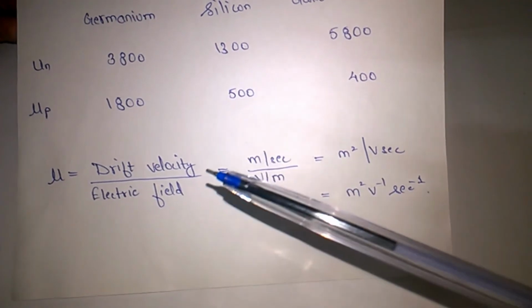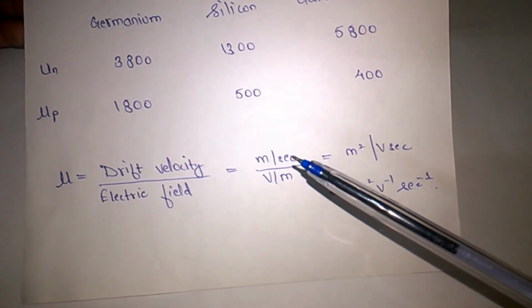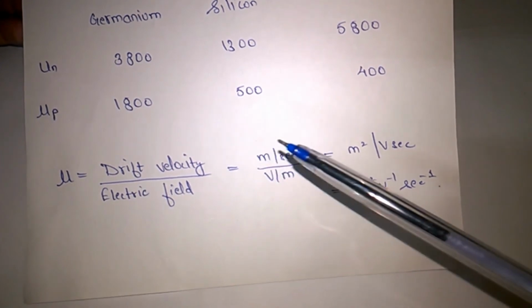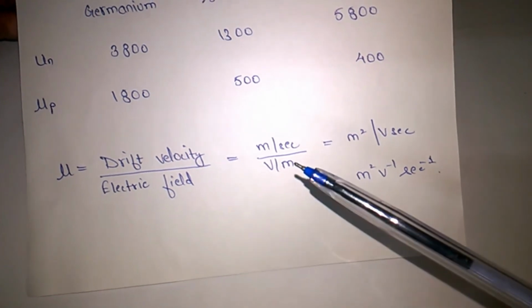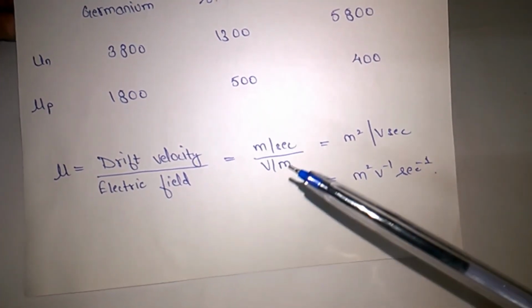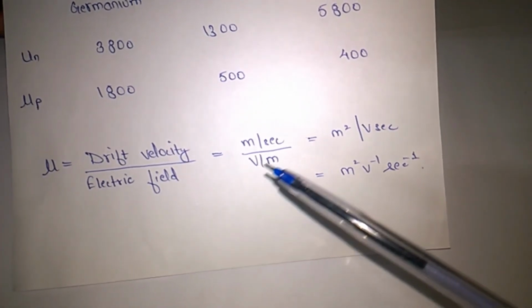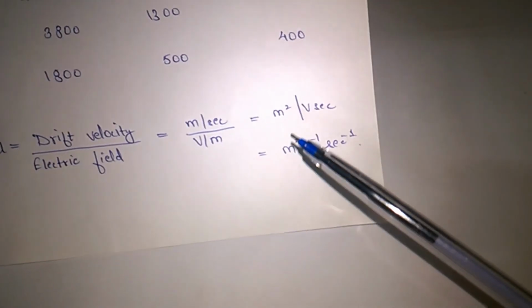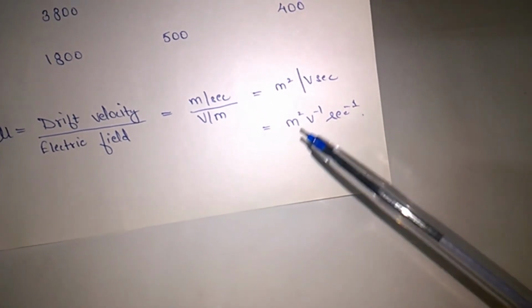As you all know, velocity is distance upon time, so it will be meter per second, and electric field is volt per meter. So simply this will go in the numerator and get multiplied, and the result will be meter square upon volt second, which we also write as meter square volt inverse second inverse.